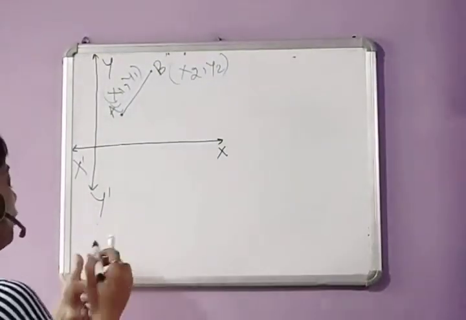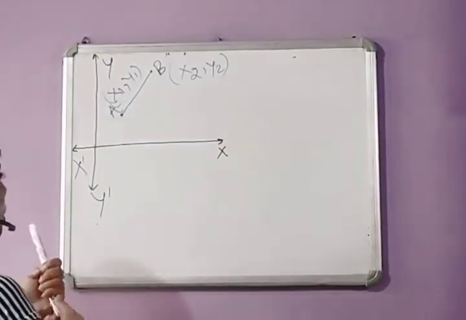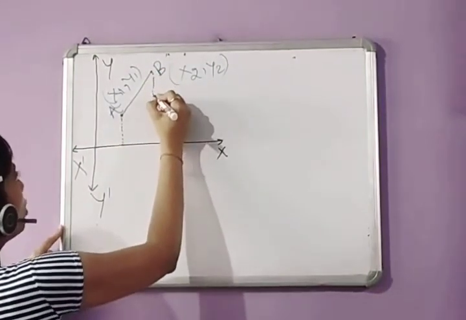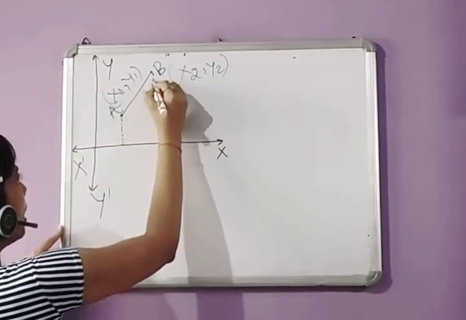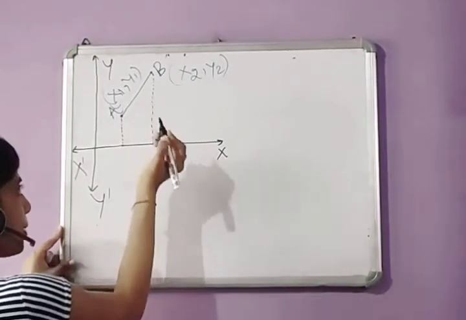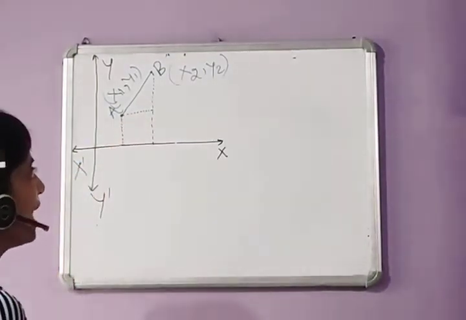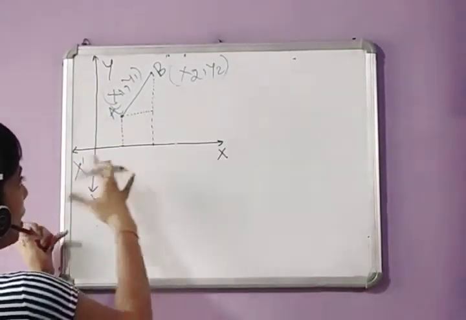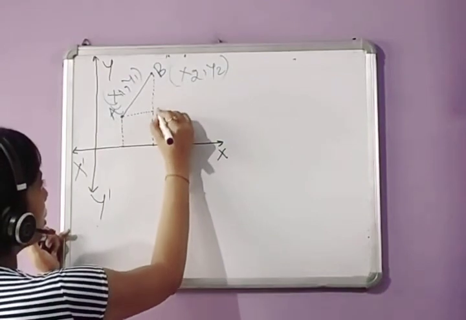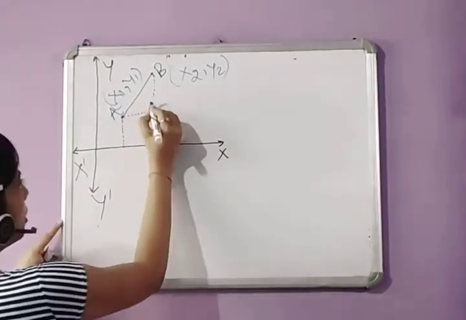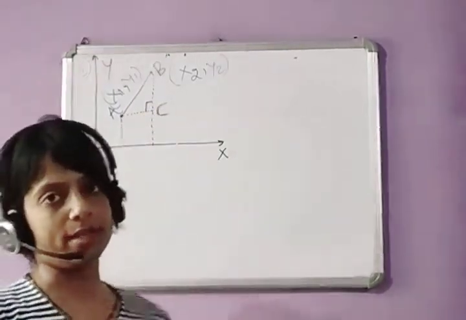What we will do is draw perpendiculars from points A and B respectively, and also from point A a line parallel to the x-axis. This is C. Now this triangle is a right angle triangle.